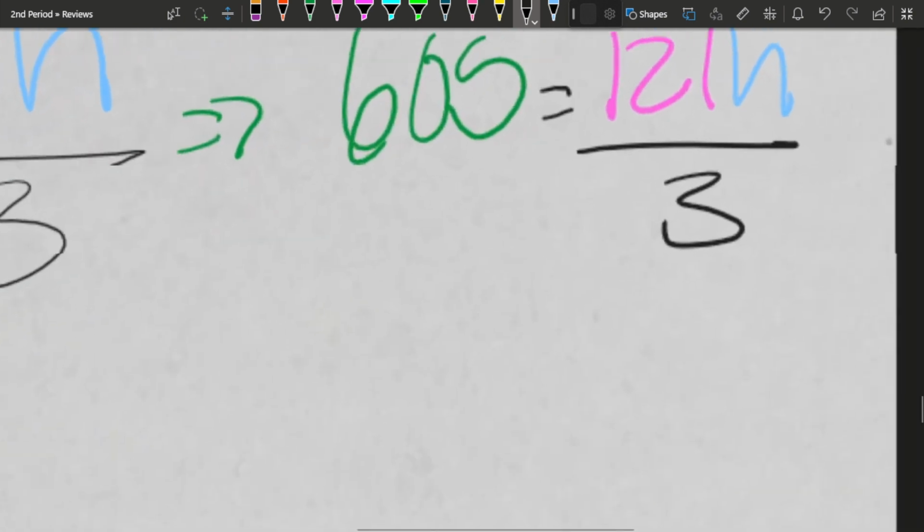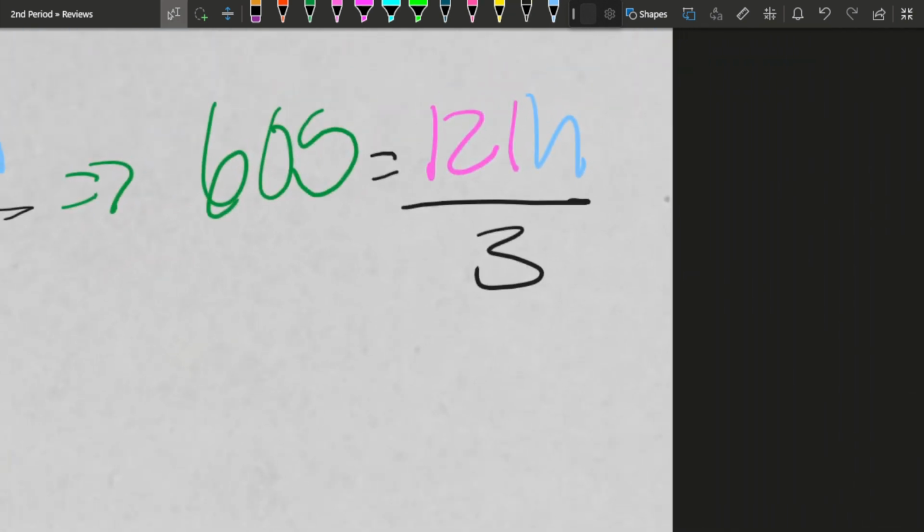So now we got to work it backwards to solve for H. So let's look at the right side. 121H divided by 3. What is closer to the H? The 121 or the 3? 121. So the farther away is the 3. What is the 3 doing? So we're going to have to do the opposite, which is multiply by 3.